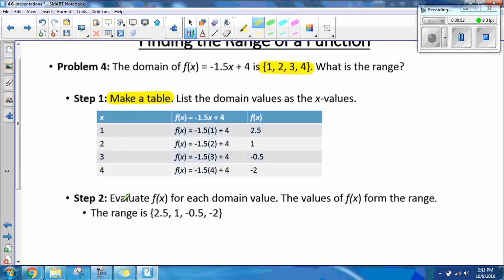So you need to evaluate f of x for each domain value. Then the values of f of x form the range. So this will be our range. And we write our range in set notation with the curly brackets as 2.5, 1, -0.5, and -2. This is the range for this function with a domain of 1, 2, 3, and 4.